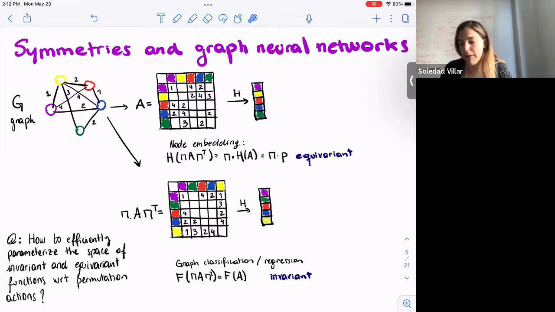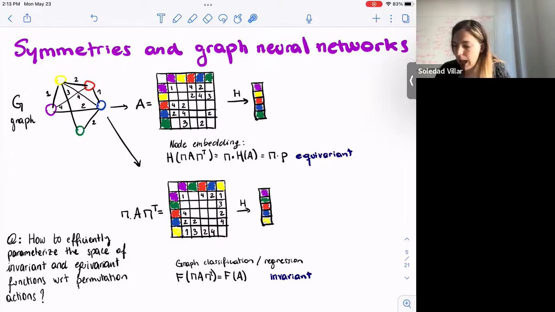Sometimes with graphs, we don't want to just learn a scalar, like just a value, an invariant function, but we want to learn an embedding of the nodes of the graph in Euclidean space. So in that case, the embedding would be a vector in R^(n×k), where n is the number of nodes and k is the size of the embedding.